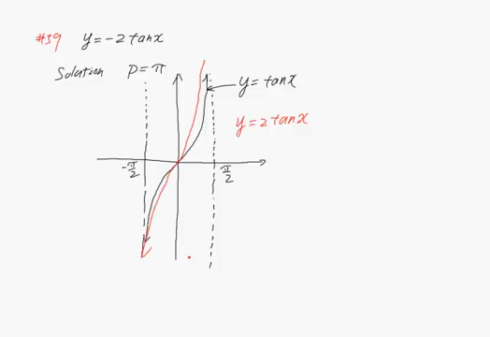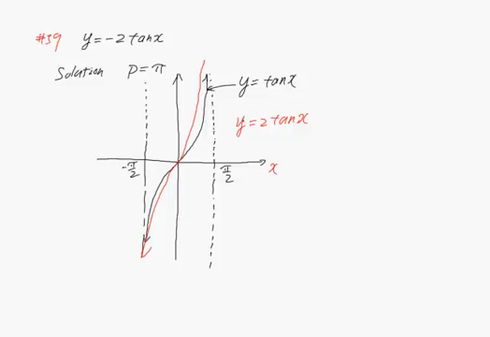Okay, and to get the graph of y equal to -2 times tangent x, we may just reflect the graph of y equal to 2 times tangent x about the x-axis.